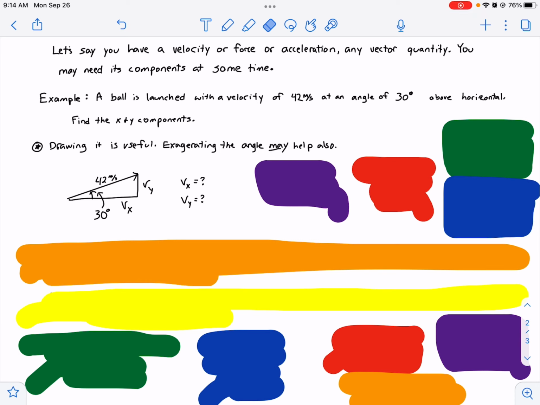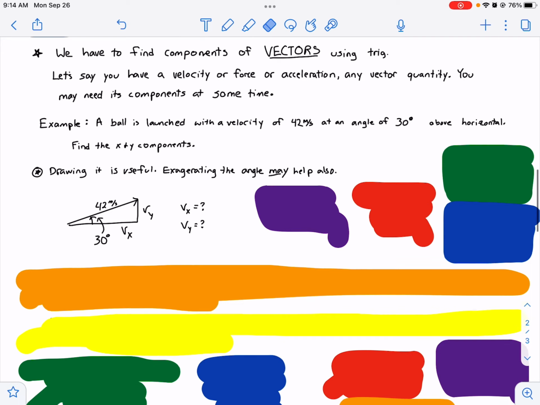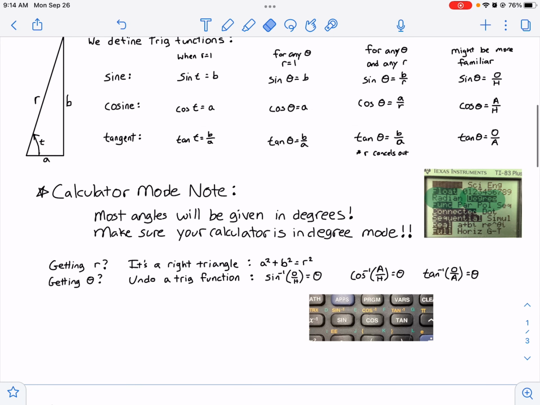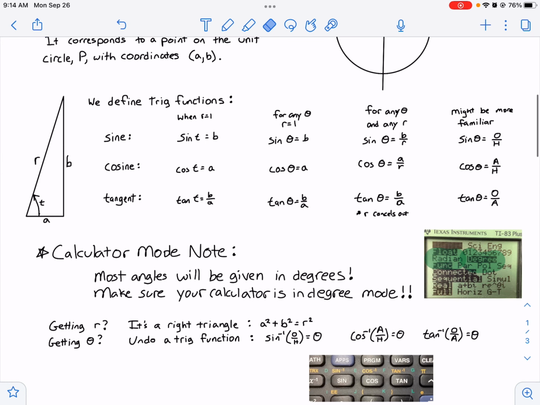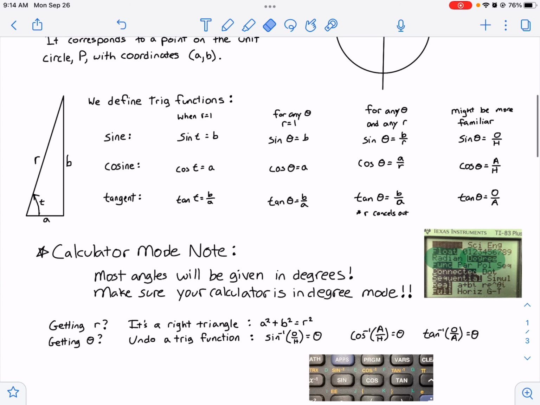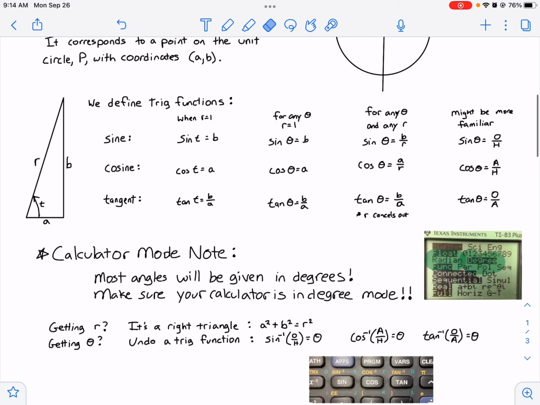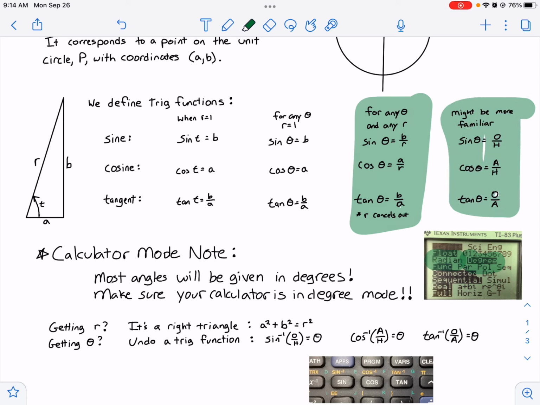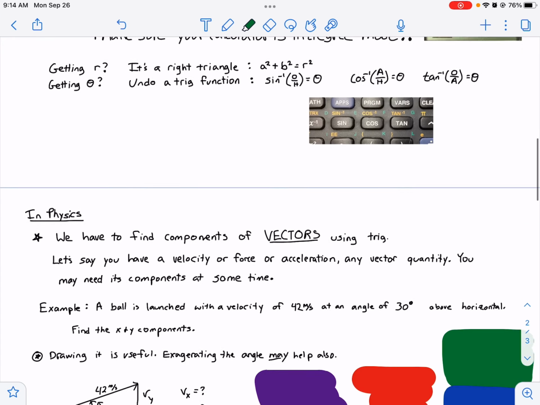Now I'm looking for the x and y components, which means I'm looking for the A and the B side over here. But all of these formulas that we were just looking at, some of them say A equals and B equals, but I have an R value, and these functions with the R's that have the hypotenuse in them are not written with just the opposite or adjacent by themselves.